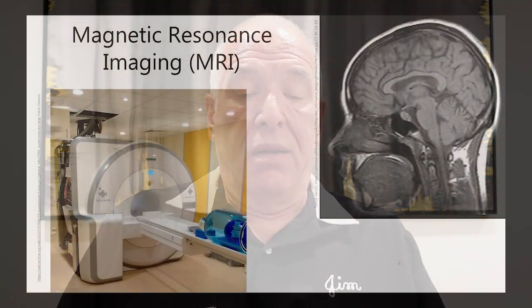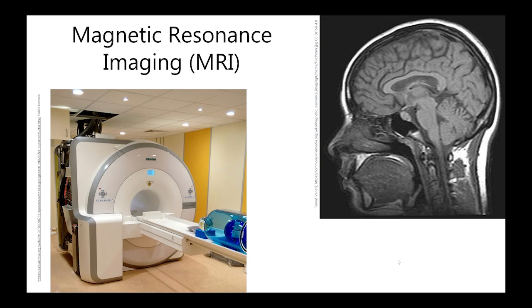We were referring, in this case, not to nuclear fission or nuclear fusion, but rather to the nuclei of atoms, that we're looking at the resonance of, that we're looking at the vibration of under the influence of a very large magnet.